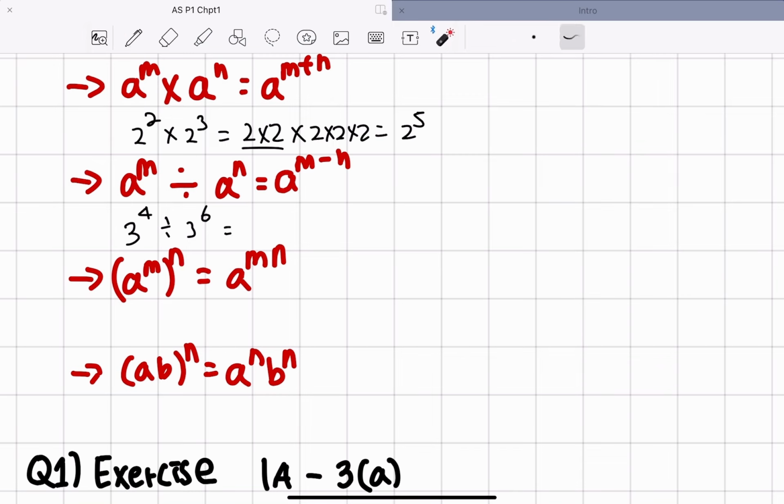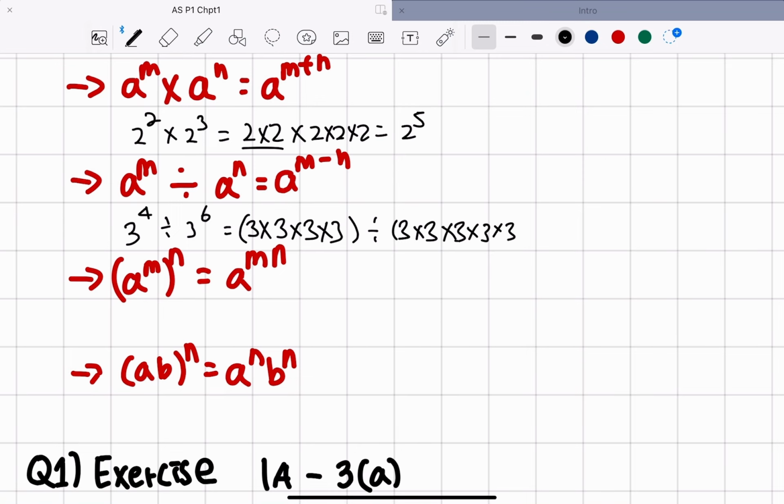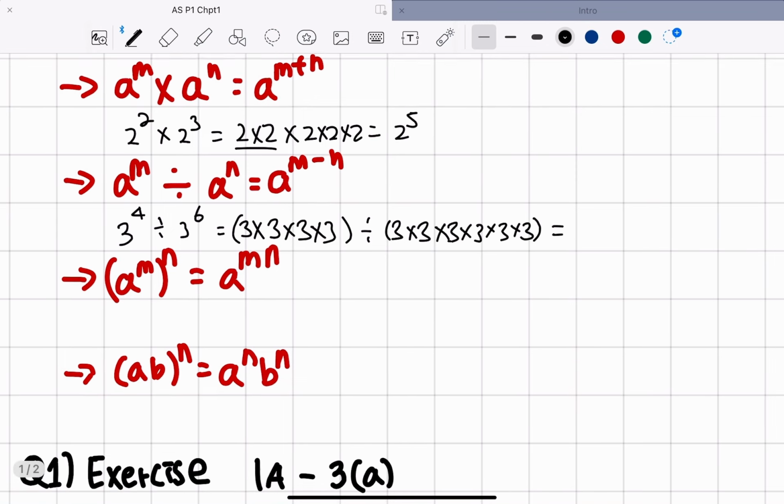And we know that this just means we multiply 3 four times, and this just means we are multiplying 3 six times. 3, 4, 5, 6.